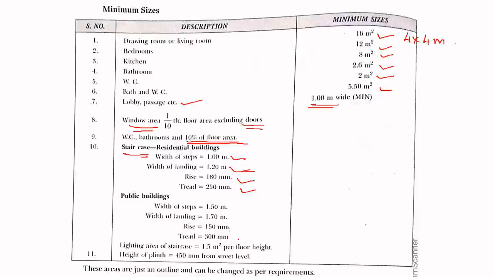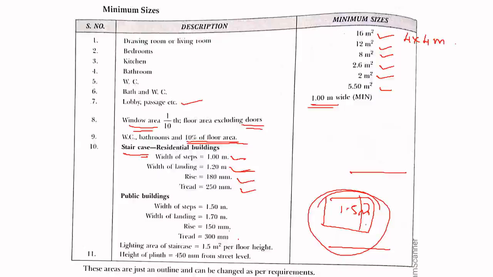So for per floor height, from one floor to the other floor, the lighting area should be 1.5 square meters. There should be proper light. Then height of the plinth should be 450 mm from street level, that is approximately half a meter.